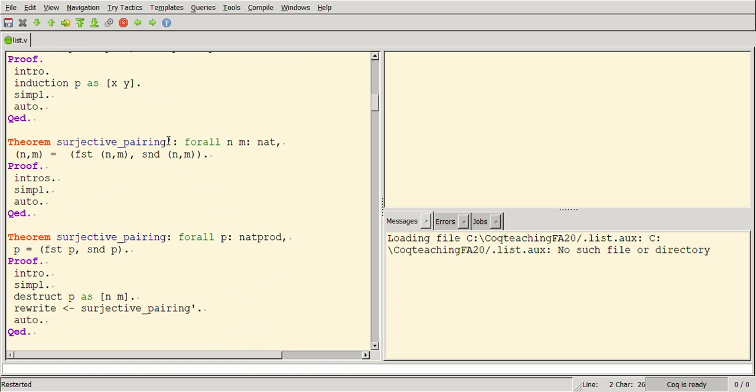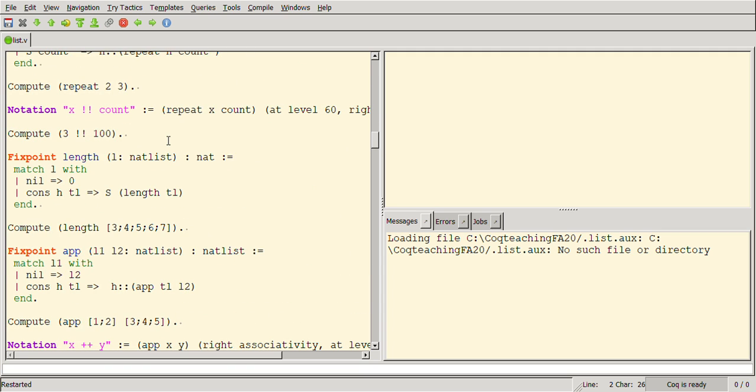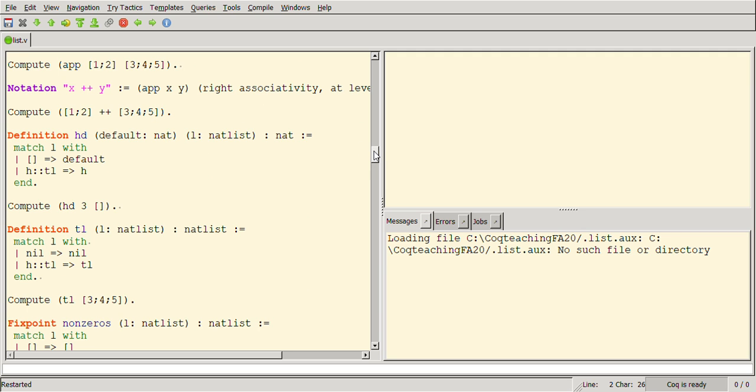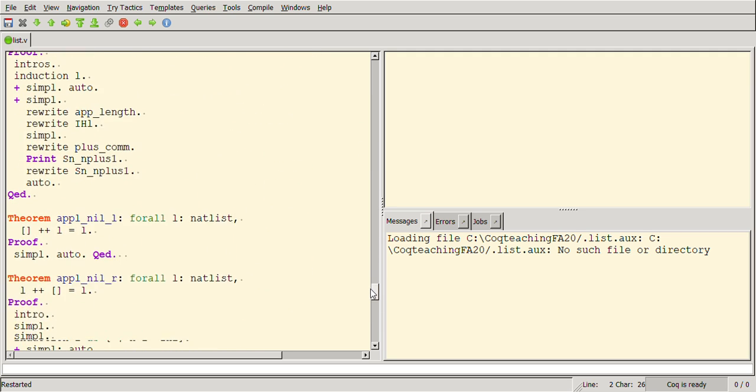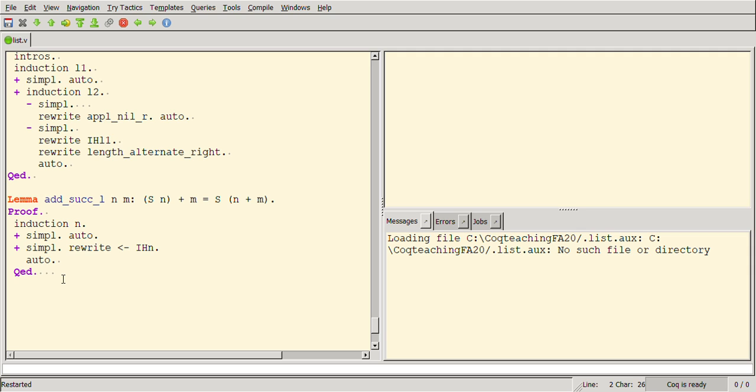Here are some definitions based on natlist, the definition of the natlist type, and then some functions on natlist, and a number of lemmas defined with natlist. All of these lemmas and their proofs are here.